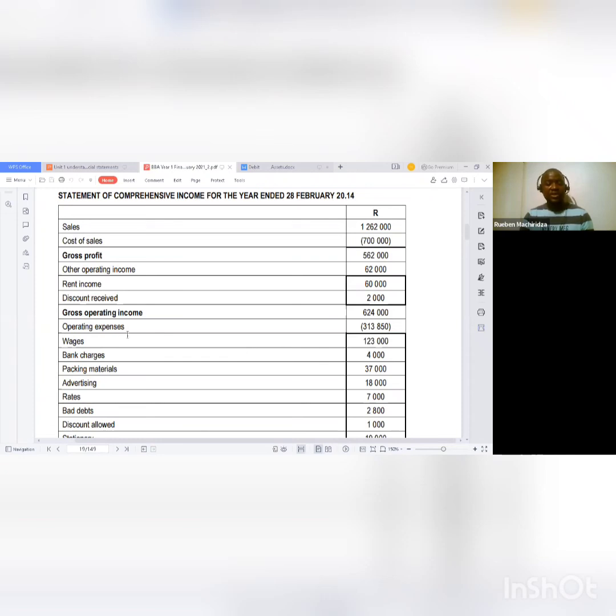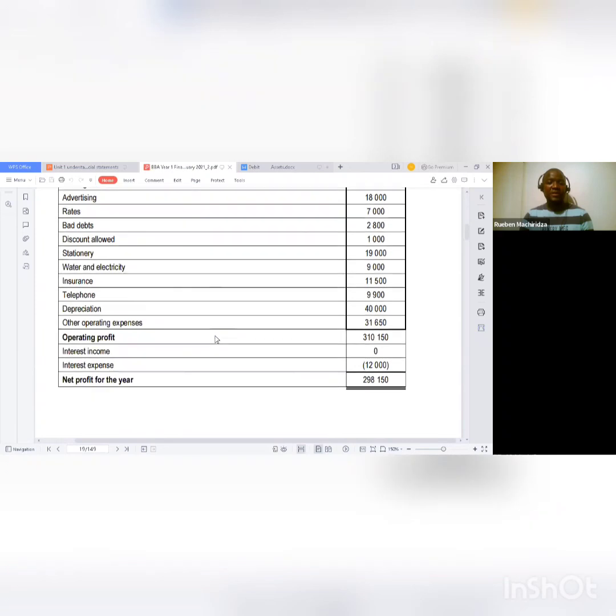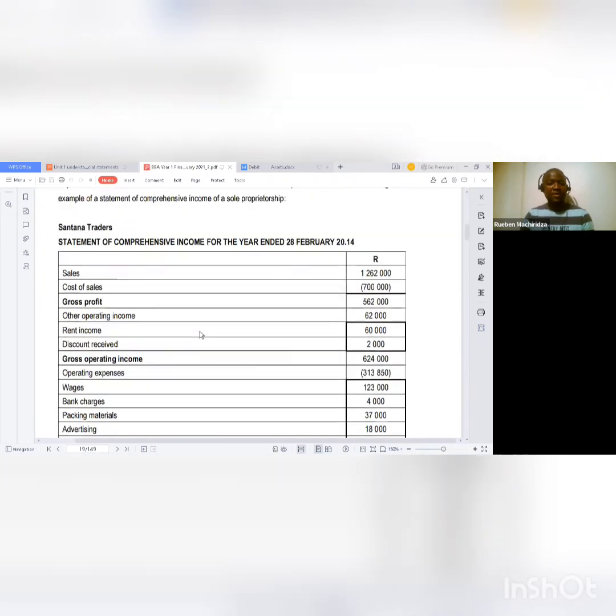How then do we tackle each and every question pertaining to the statement of comprehensive income, given in whatever way that it comes? It comes in different ways. We must be able to familiarize ourselves with most, if not all, of those ways, so that at the end of the day, we know this particular financial statement, and we are comfortable, we can tackle any question at any given time.